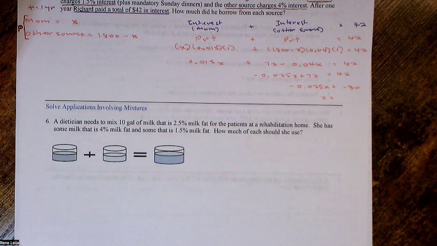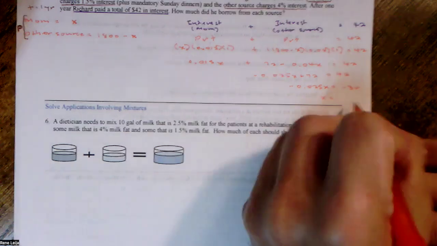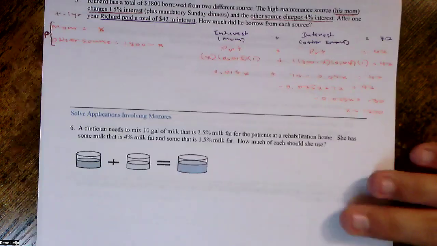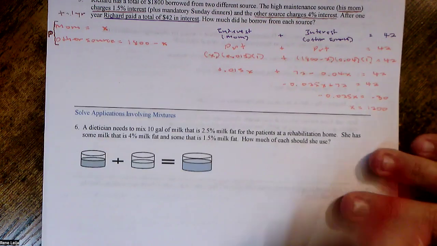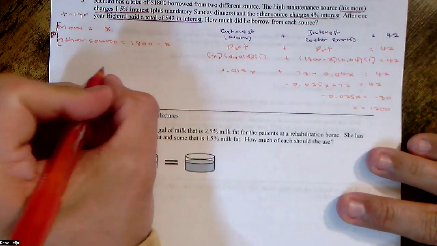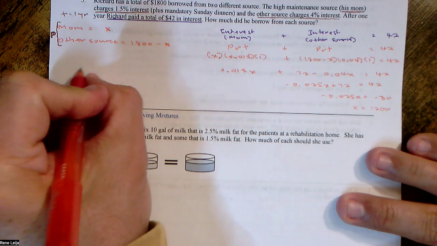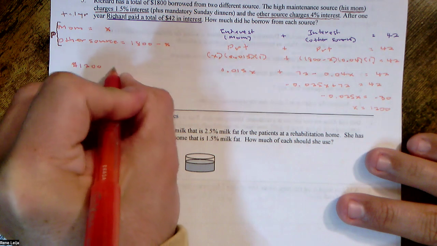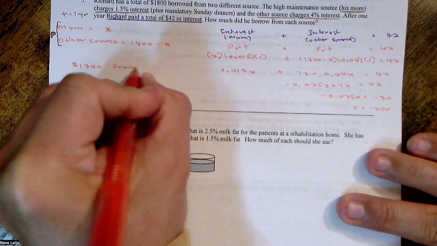So negative divided by negative is a positive. So we get x to be 1200. Now, who did we say x was? X belonged to mom. Okay, so that means that he borrowed $1,200 from mom.